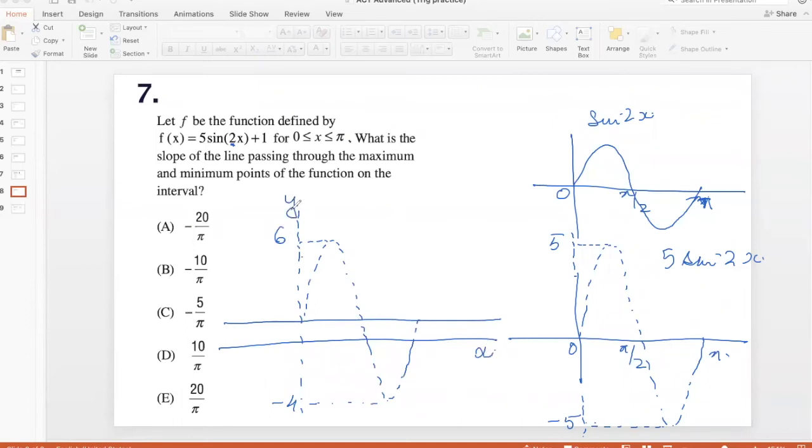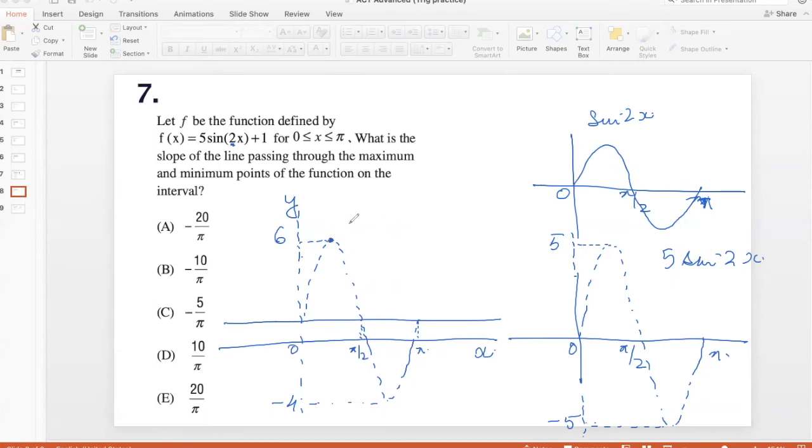So we know that this point is 0. This point is pi by 2. And this point is pi, right? So what is the highest point of the graph?